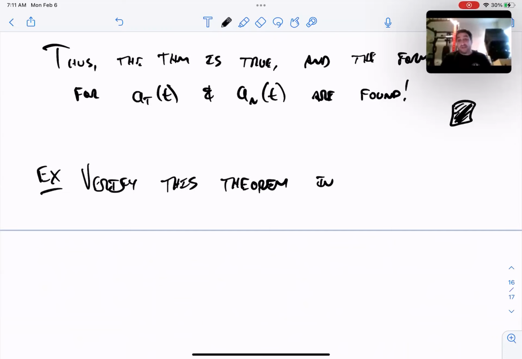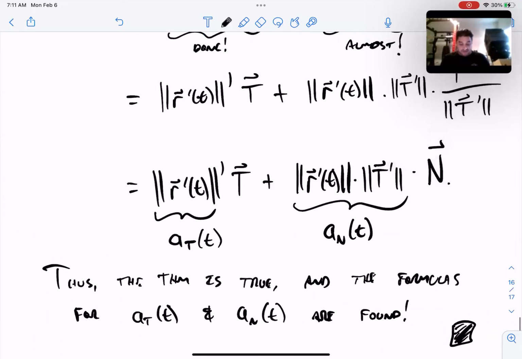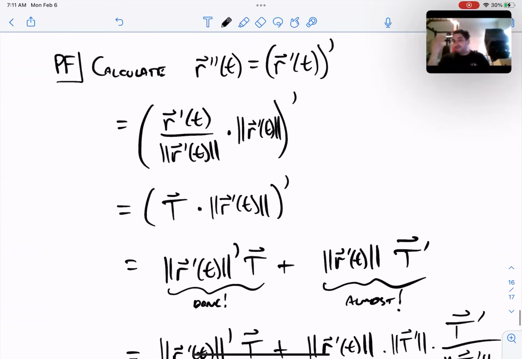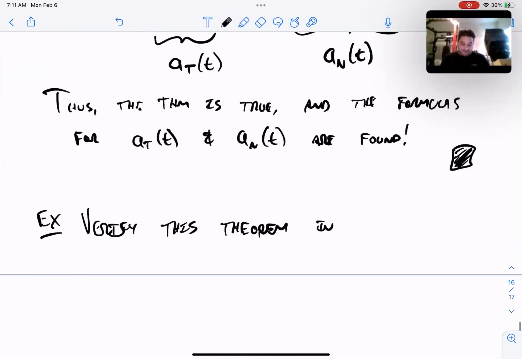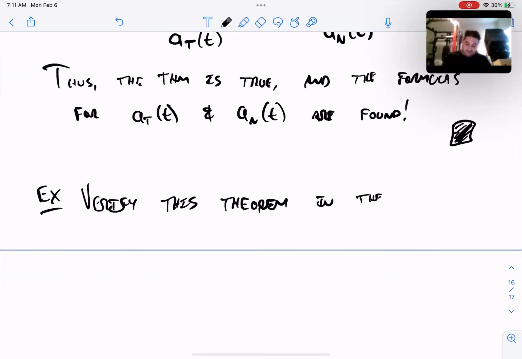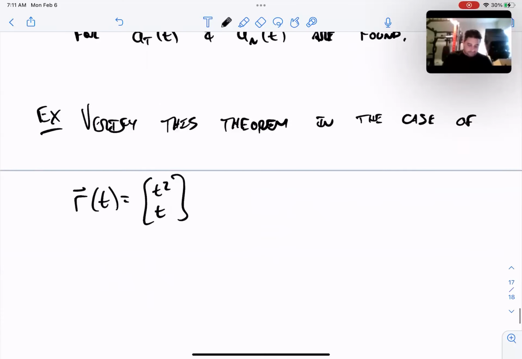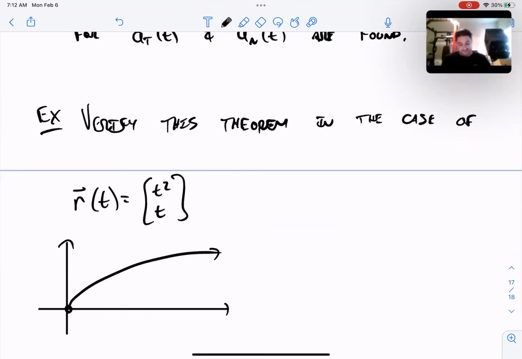Let's check that this actually all works out, not just in general by doing symbolic calculations of vectors, but in the case of this parametric curve. If you saw my previous video on this playlist, we already calculated a bunch of quantities about this. This is a parameterization of an inverse parabola.